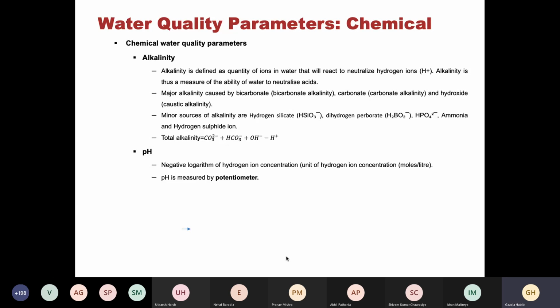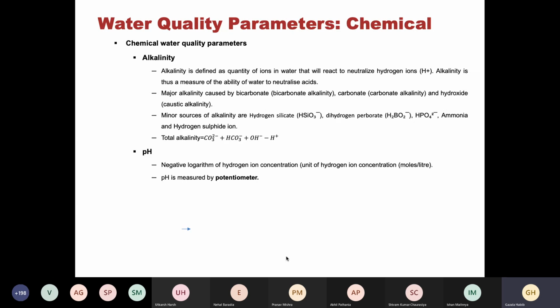Now, chemical water quality parameters. A very important parameter is alkalinity. Alkalinity is the presence of carbonate and bicarbonate ions, either calcium carbonate, magnesium carbonate, or bicarbonate. All these ions are enough to neutralize the hydrogen ion present in water.